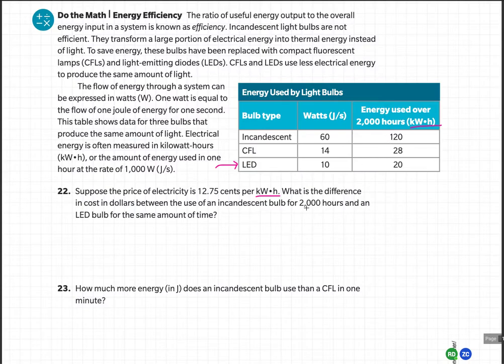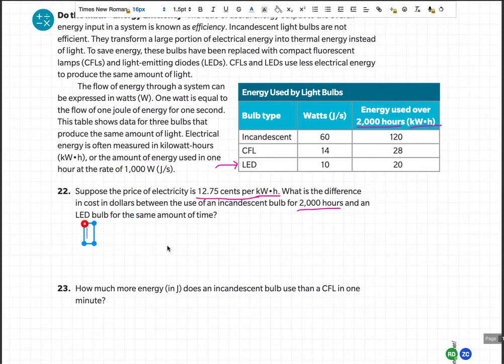So for 2,000 hours, to figure out the cost, this is 12.75 cents per kilowatt hour, and we need to figure out how much they cost. The incandescent is like the old school Edison-y bulb.